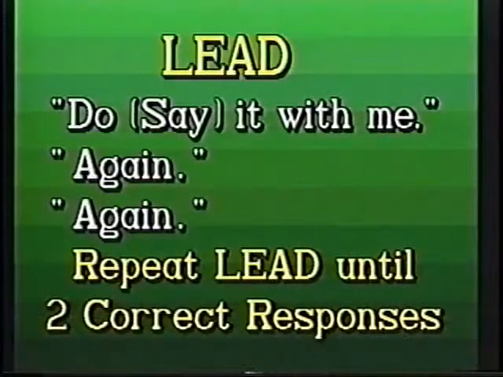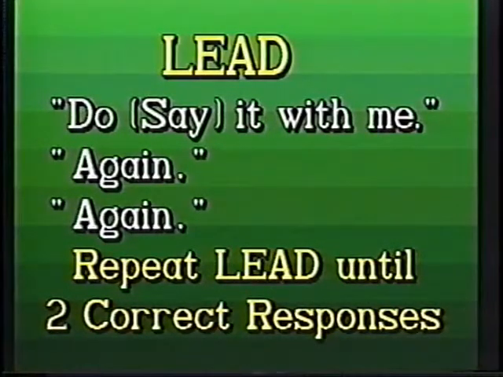You just continue to assertively lead until they do respond correctly with you. You say again each time before signaling the students to respond. Write again several times and then write repeat lead until 2 correct responses in a row.